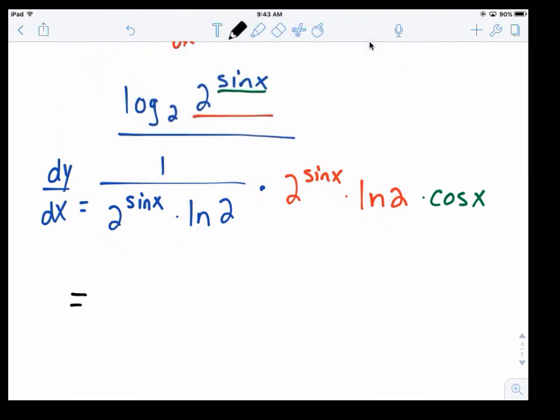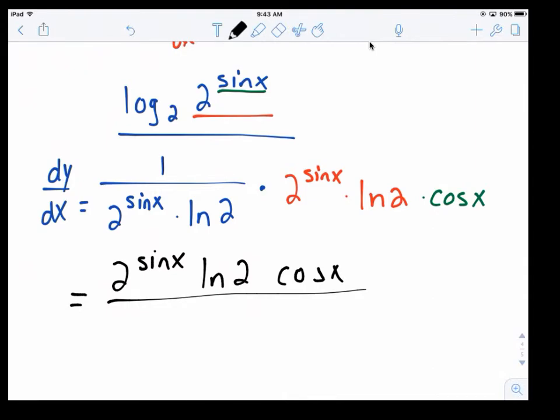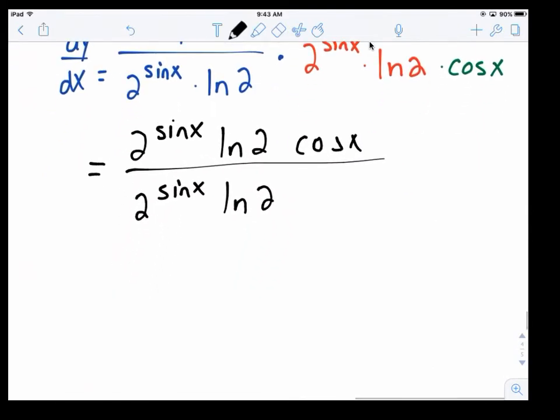Now if we clean that up, we have 2 to the sine of x, ln of 2, things cancel, and we're left with cosine of x.